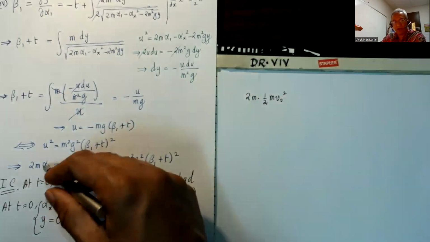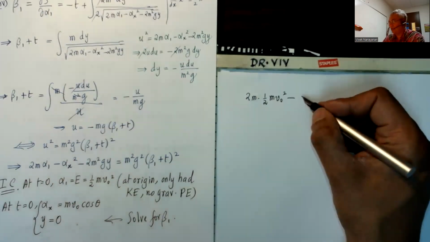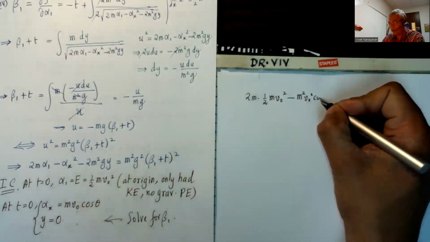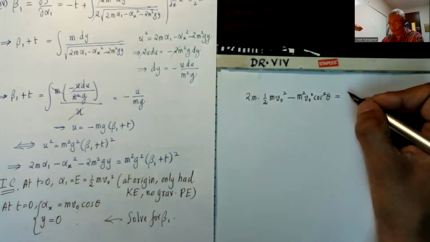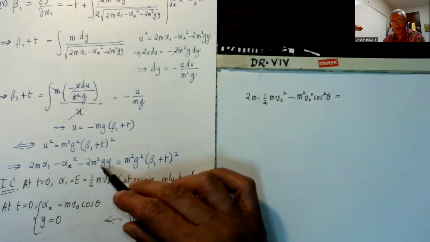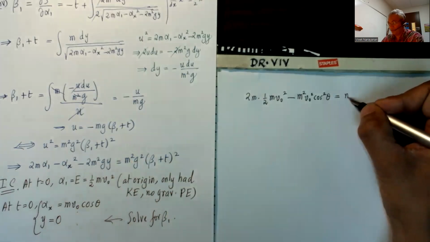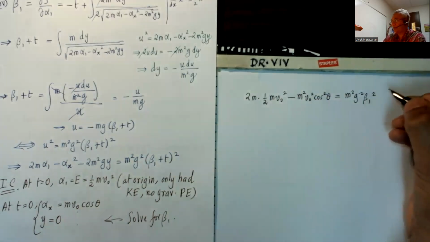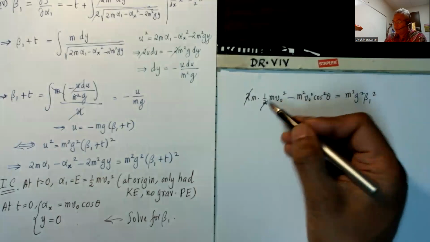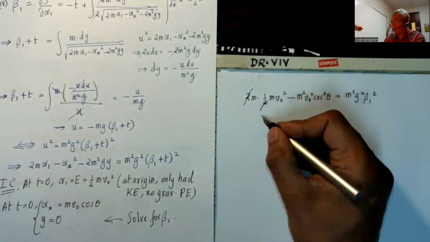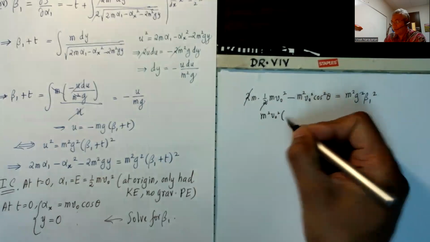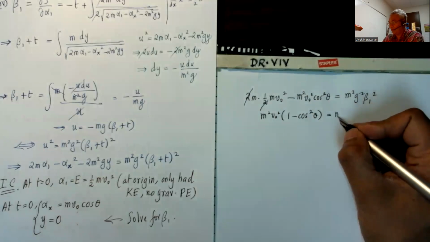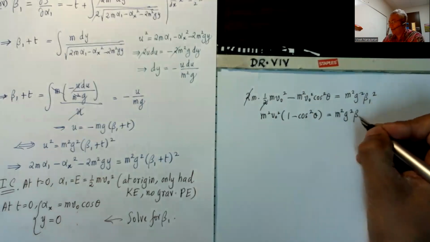I've substituted for alpha 1 now, minus alpha x squared, which is m squared v naught squared cosine squared theta, is equal to, that's 0, m squared g squared, t is 0, so that's just beta 1 squared. The 2's cancel out. Now observe here, m squared v naught squared is common: 1 minus cosine squared theta equals m squared g squared beta 1 squared.